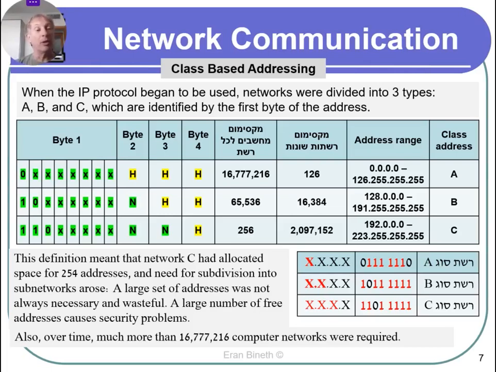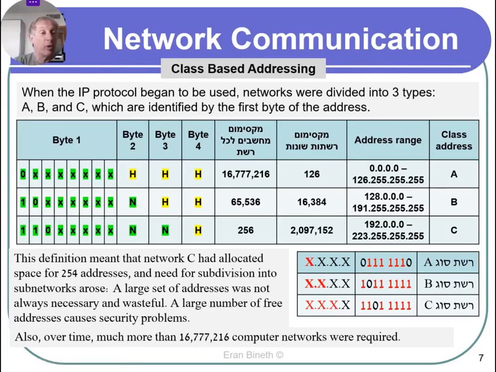Bigger offices might want more computers, for example, 30,000 up to 65,000 computers, bounded by sharing the 2 left octets and having no more than 256 to the power of 2 computers in each. Accordingly, only 16,000 networks are possible with this scheme.